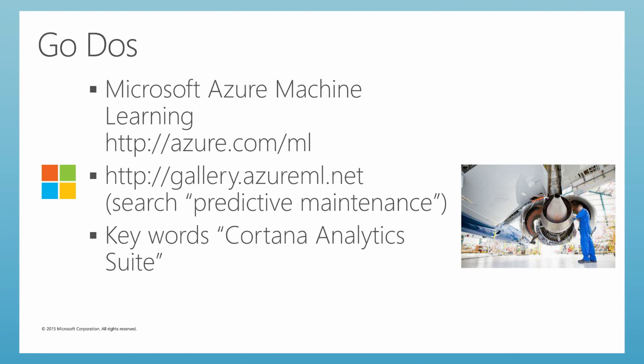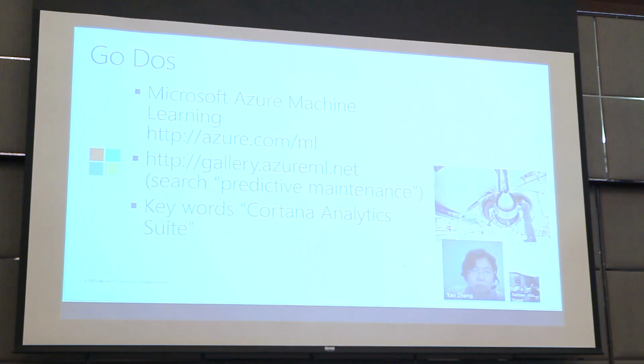To find the predictive maintenance use case I just showed, you can search for predictive maintenance, and you will see a bunch of experiments come up. You have to spot this picture. This is the one for this template. There are 7 different experiments in total, so you can just pick one of them. There is full documentation available there. Also, you may want to check out the Cortana Analytics Suite as well.